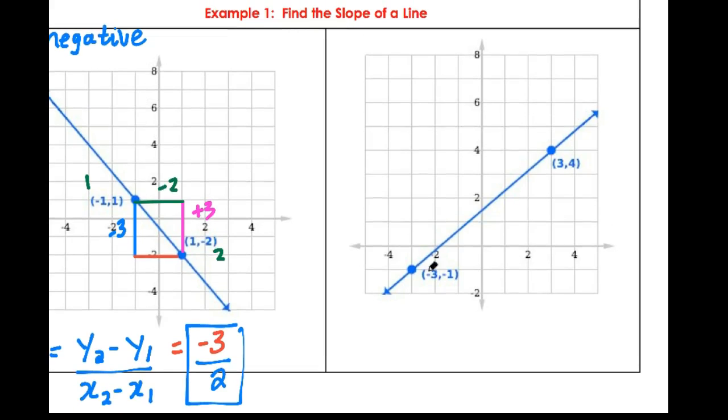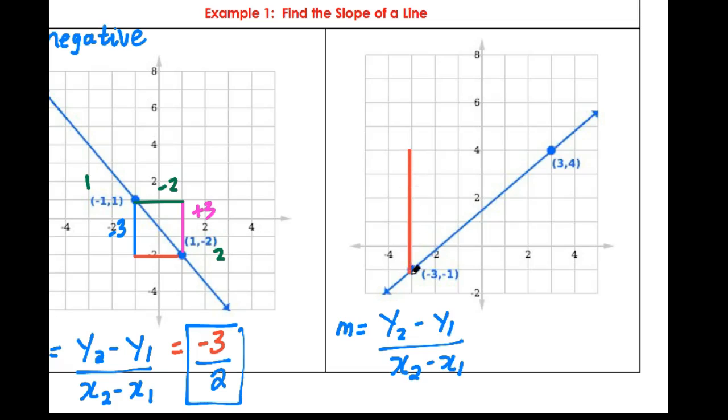Okay, so in example 2 here, my slope is still y2 minus y1. I'm going to write that again so we get in the habit of knowing how we calculate the slope. So we're at y2 minus y1 over x2 minus x1. So let's just do the rise. So I'm going to go up.